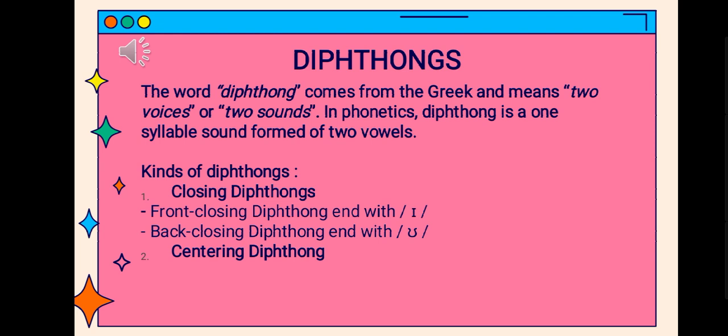In phonetics, a diphthong is a one-syllable sound formed of two vowels. The kinds of diphthong are, number 1, closing diphthongs, distinguished as front closing diphthongs ending with E and back closing diphthongs ending with U. And the second is centering diphthongs.